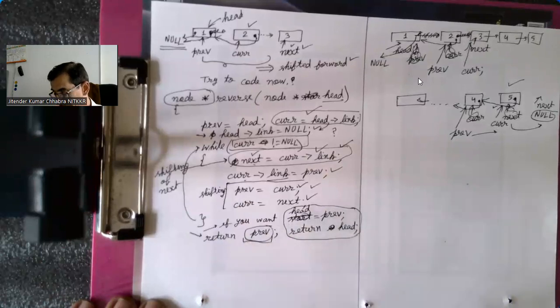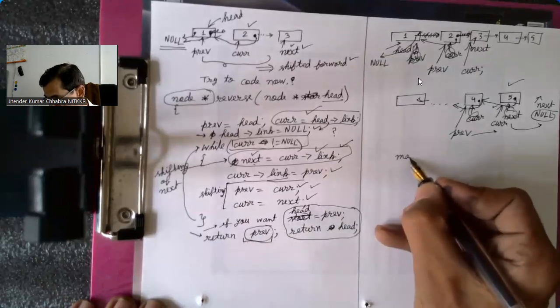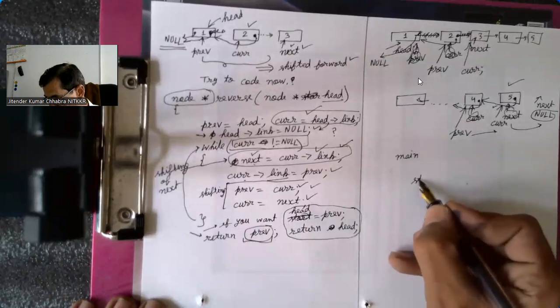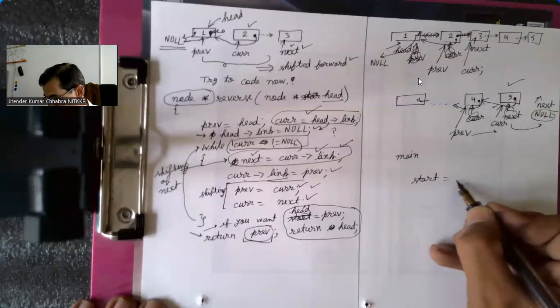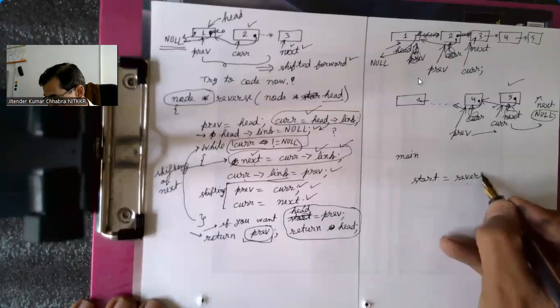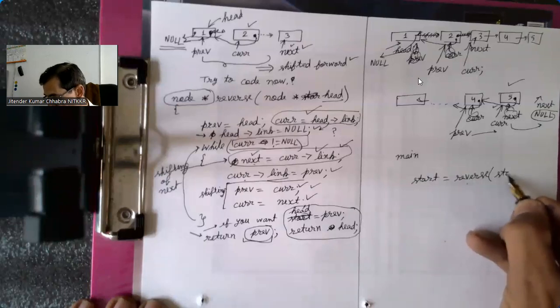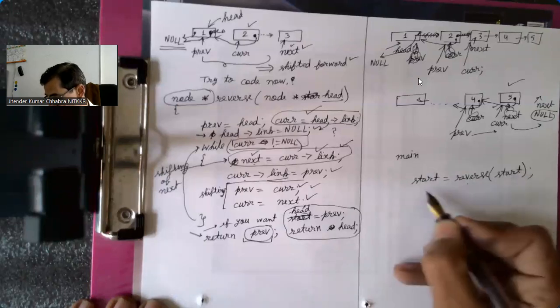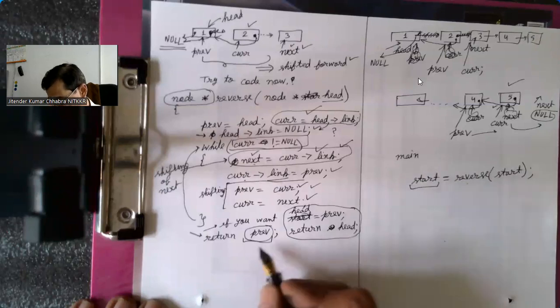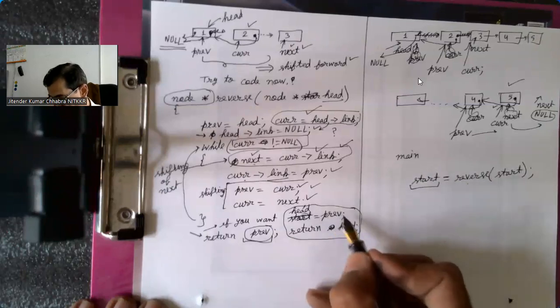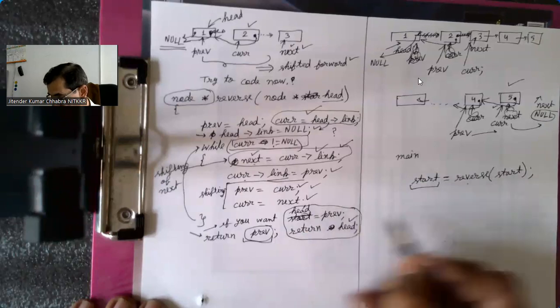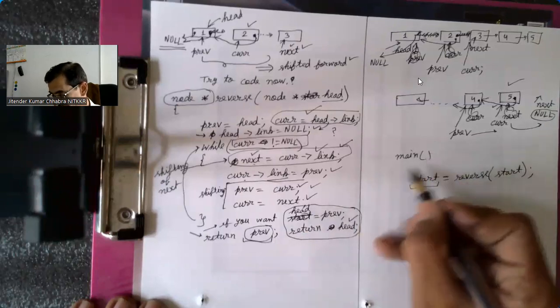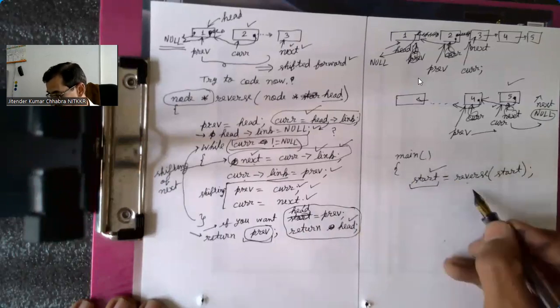This also means updated head, because in main, you are guaranteedly going to write start equal to reverse and of course start. So this updated value must be returned, and even if you don't write head equal to previous, the return statement will update inside the main. So this is the call.